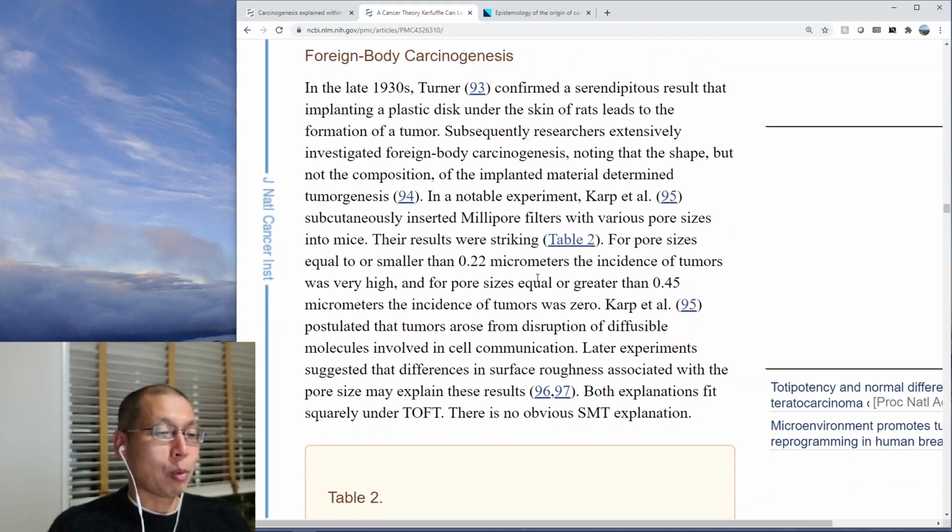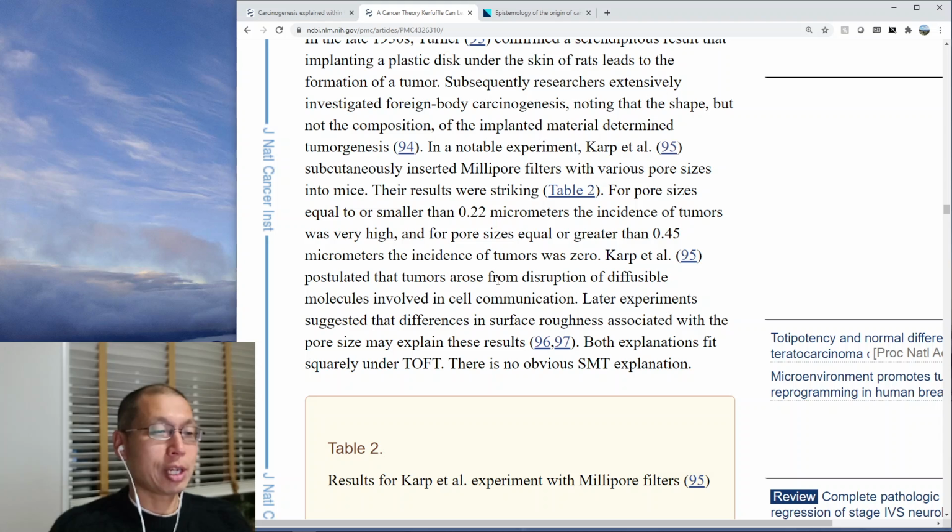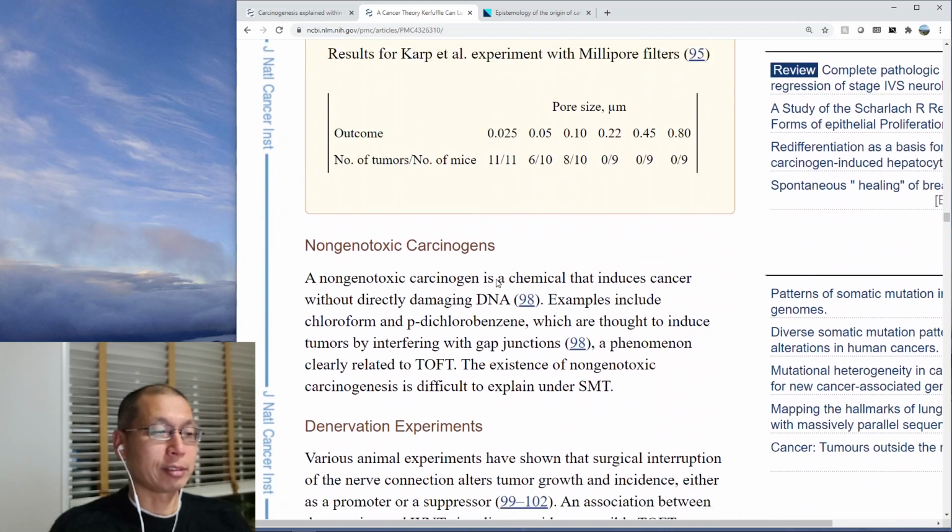And what was weird is that when they changed the size of the pores of the paper filters, they had different rates of tumor growth, which makes absolutely no sense if you subscribe to the somatic mutation theory, because why would the size of the pores change the rate of cancer development?